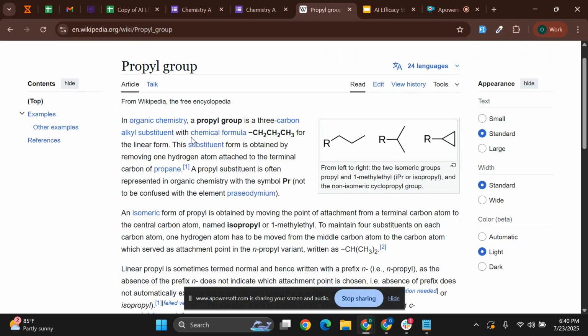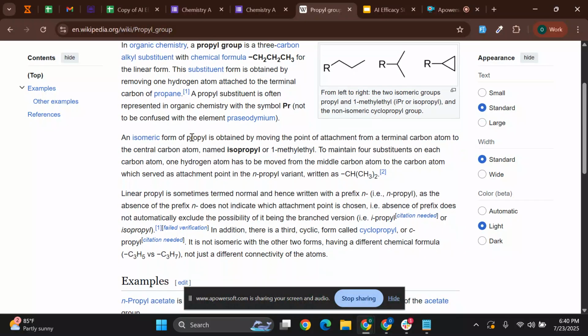An isomeric form of propyl is obtained by moving the point of attachment from the terminal carbon atom to the center carbon atom, named isopropyl or 1-methylethyl. To maintain four substituents on each carbon atom, one hydrogen atom has to be moved from the middle carbon atom to the carbon atom which served as the attachment point in the n-propyl variant.